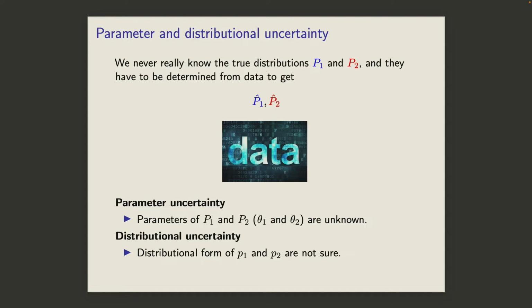More recently, people have become interested in the distribution-free setting, where we don't assume any distributional form, but just say that the data provide information in the sense of an empirical distribution, and the true distributions are possibly somewhere close to those empirical distributions. We call those distributionally robust methods.